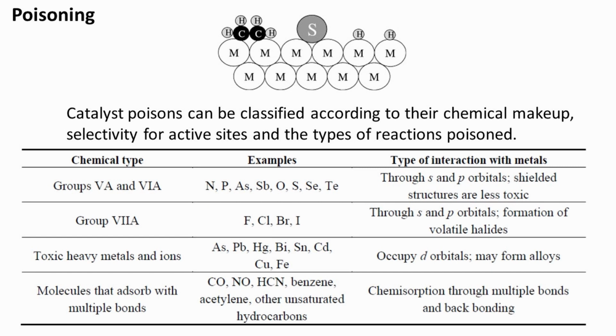In addition to physical blocking of adsorption sites, adsorbed poison may induce changes in the electronic or geometrical structure of the surface. Mechanisms by which a poison may affect catalytic activity are multifold, as illustrated by the conceptual two-dimensional model of sulfur poisoning of ethylene hydrogenation on a metal surface, as shown in the slide.